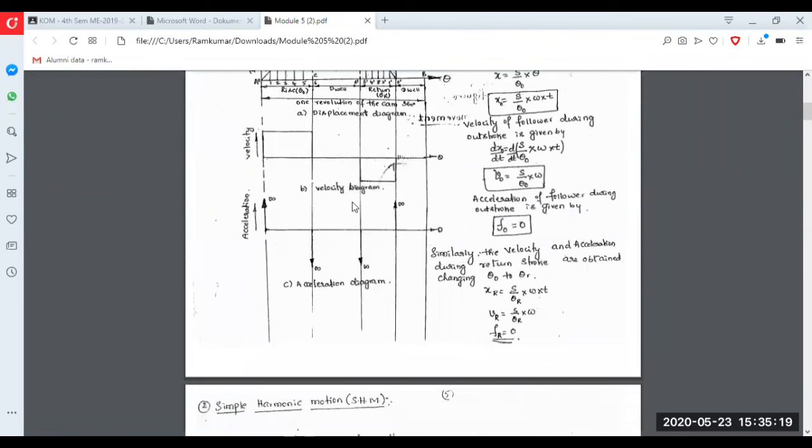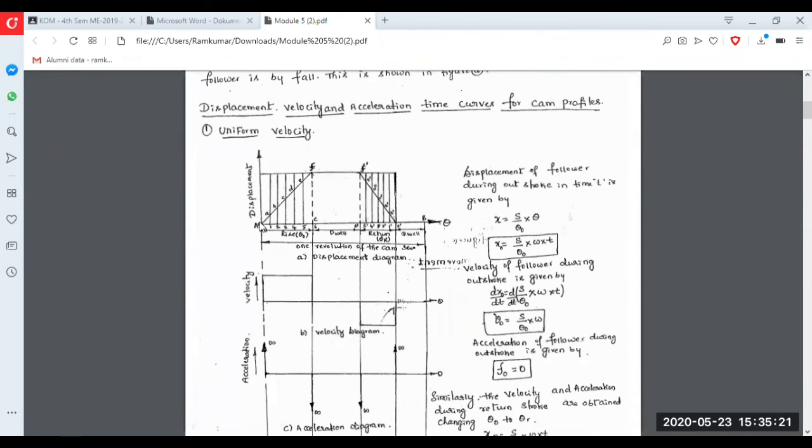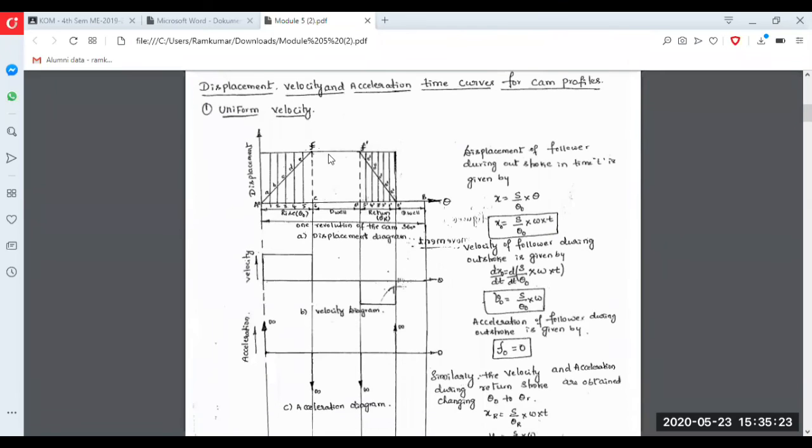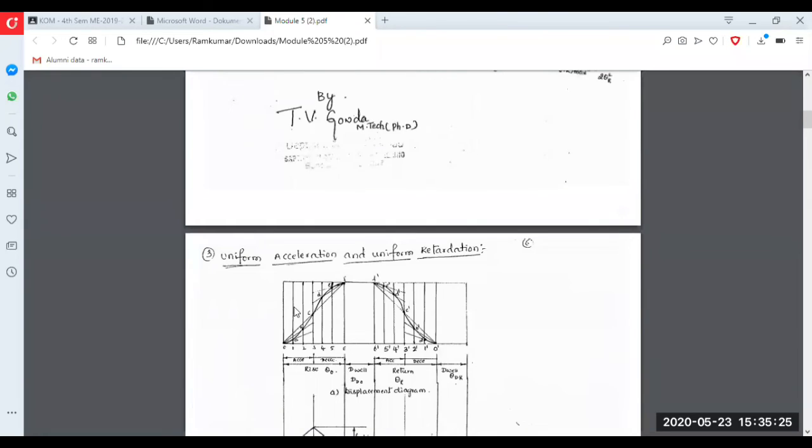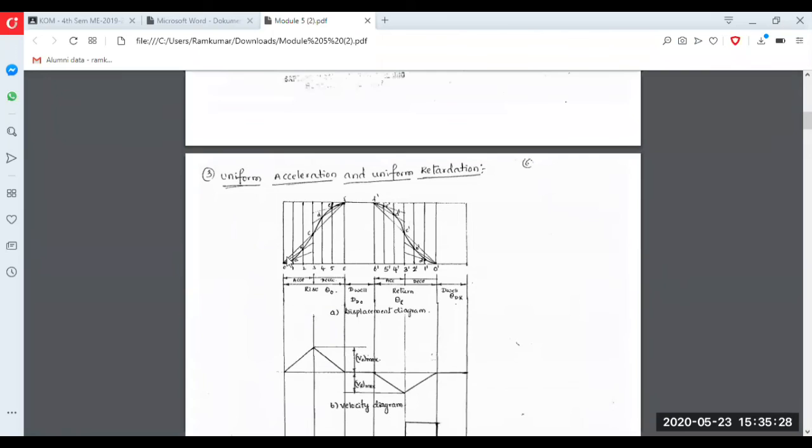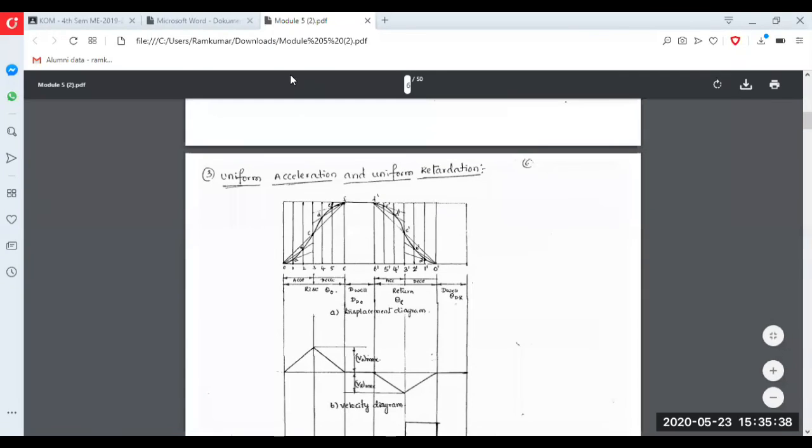If it is uniform velocity, you just join the endpoints. If it is uniform acceleration and retardation motion, you draw 6 divisions from the center point, on the center line, and join from here to here. You don't have to bother about this, I will explain later.